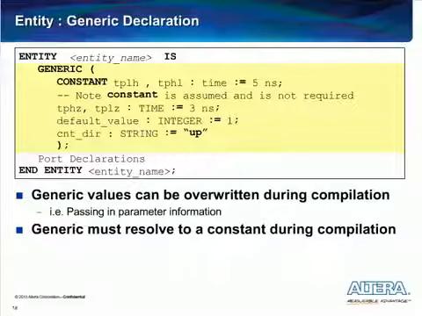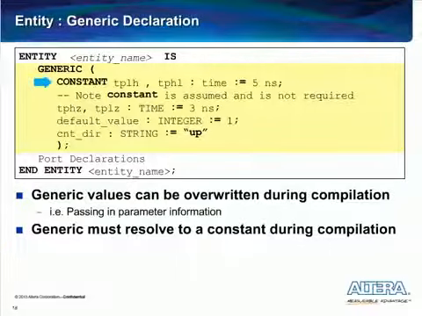As you can see in the example, the generic declaration is itself considered a statement and ends with a semicolon. Within the parentheses, the generics are listed with semicolons separating each one. Since the semicolon is used to separate the list, there is no semicolon after the last generic, as you can see after the word up.